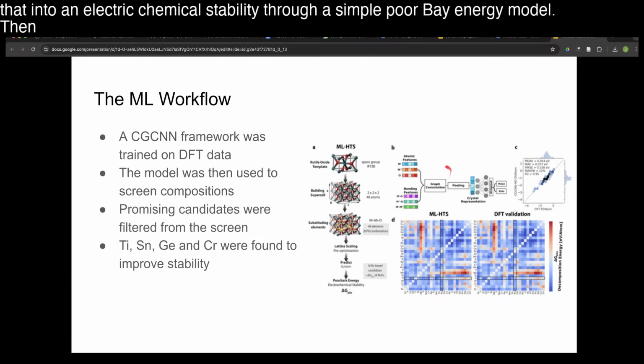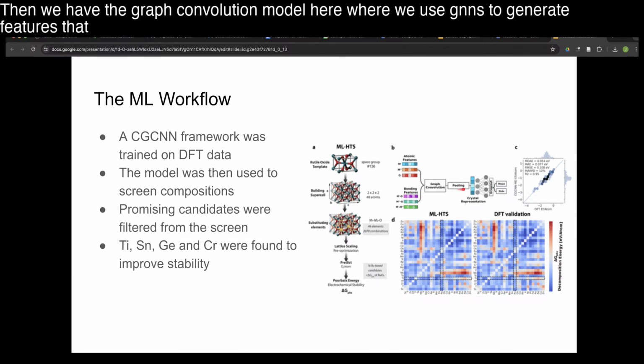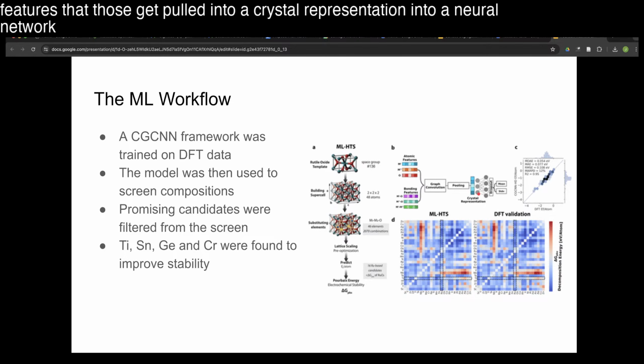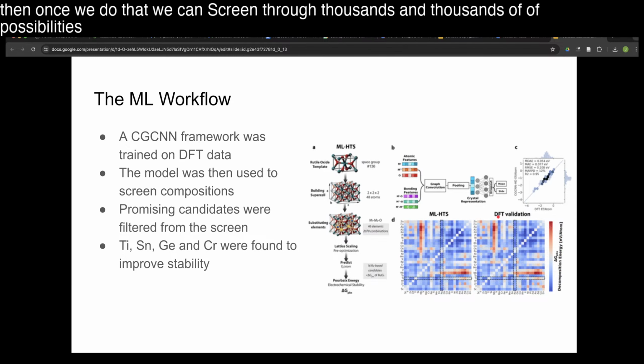Then we have the graph convolution model here, where we use GNNs to generate features. Those get pooled into a crystal representation into a neural network, and that gets trained to predict these Pourbaix energies. And then once we do that, we can screen through thousands and thousands of possibilities to find systems that are more stable than ruthenium oxide.